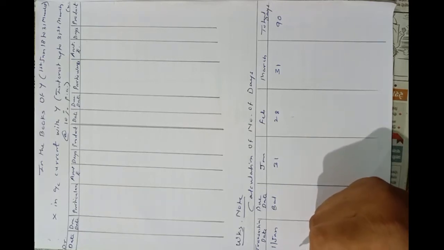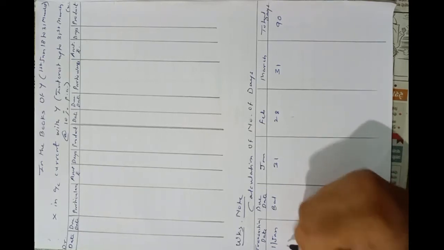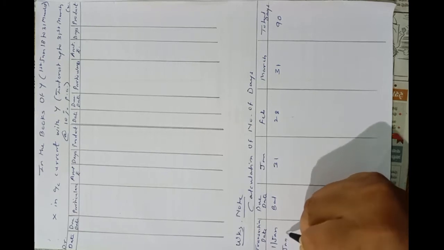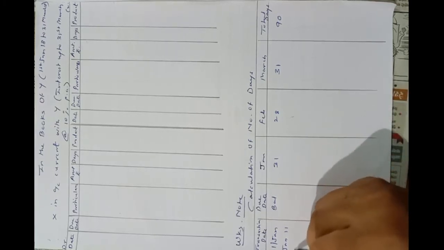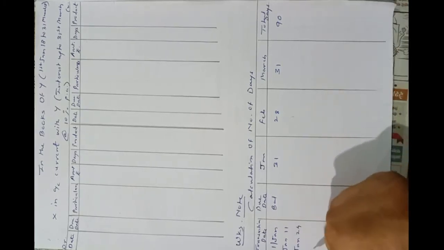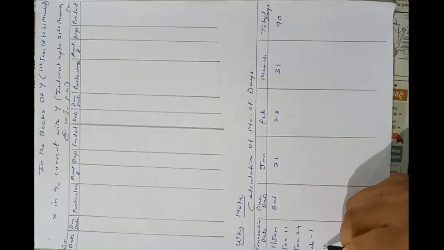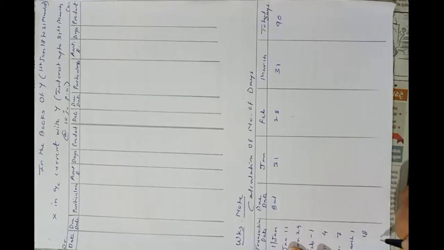Then I will write the dates first here. Next date is January 11. Then the next date is February 1st, because we can include January 24; the due date is different. January 24, then February 1st, then February 4th, February 7th, then March 1st, March 18, and March 23.